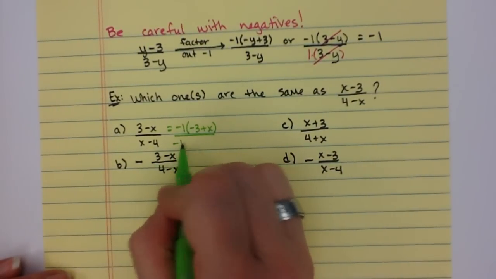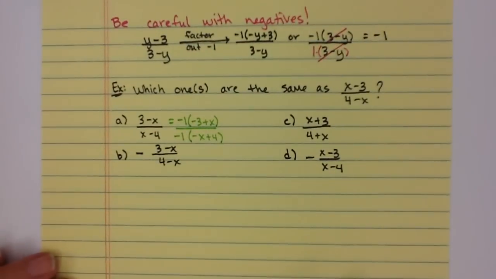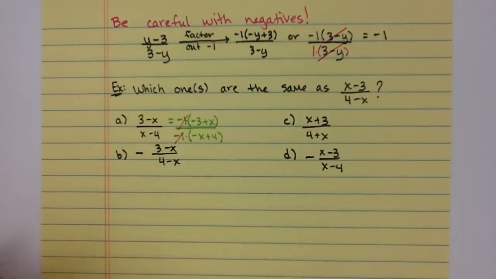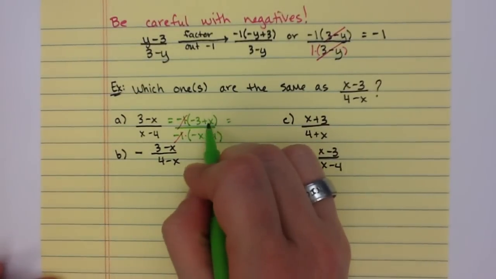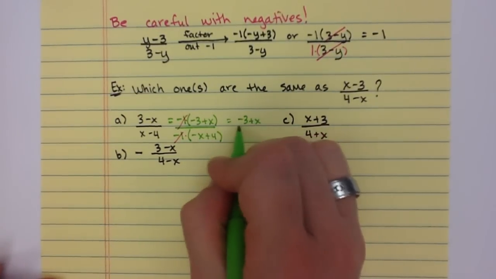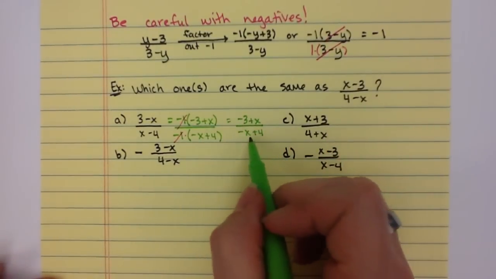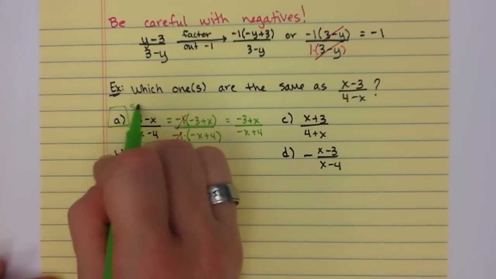So if I take out a -1, that will be -x plus 4. Well, I see that those -1s can cancel. So that's going to leave me with -3 plus x, which is the same as x minus 3, over -x plus 4, which is the same as 4 minus x. So A is the same.